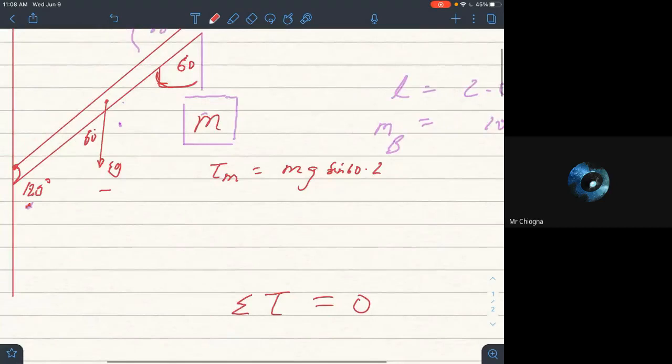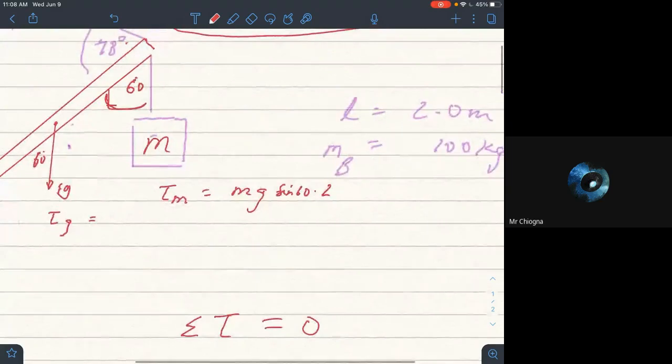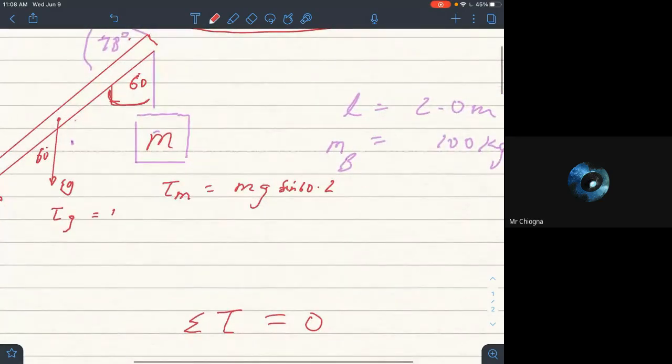And then tau g, the torque due to the weight of the beam, is just Fg. We've got the mass of the beam. So it's mg, mass of the beam, times g, times the sine of 60, times half the length. Yes, you use half the length, times 1.